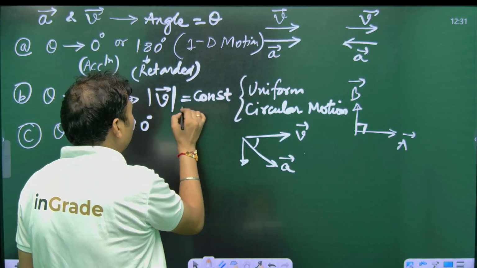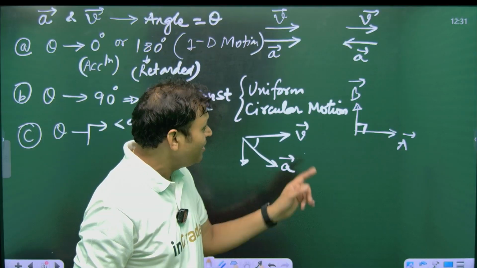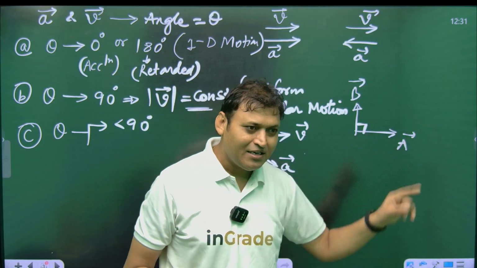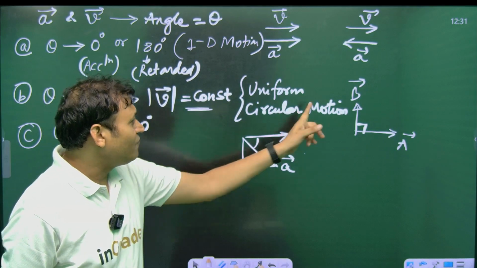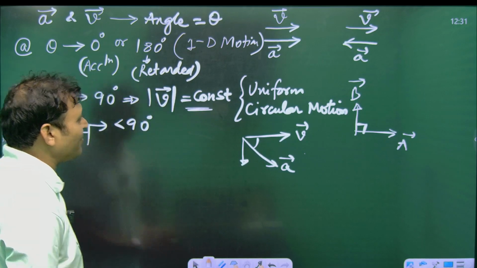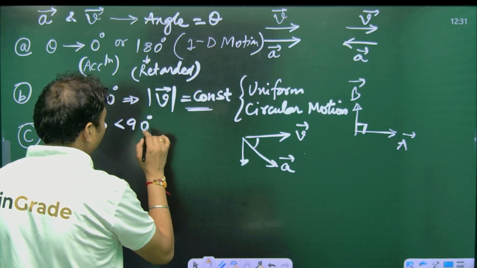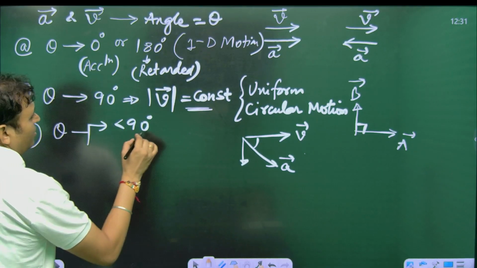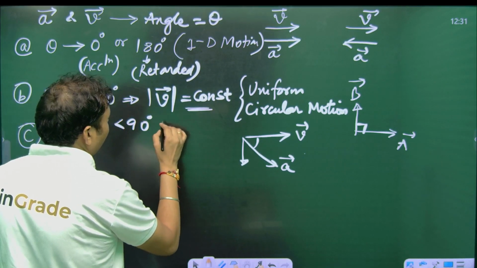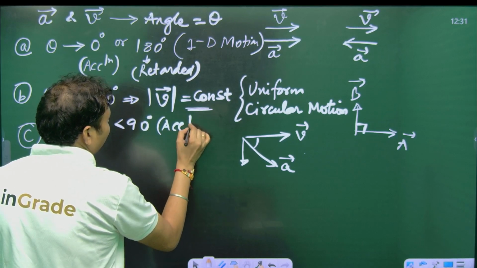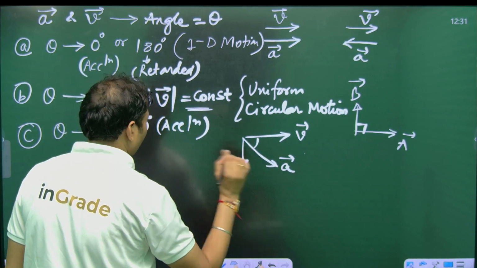Here we can say magnitude of velocity will not change by the acceleration, but yes, direction of velocity will change when the velocity and acceleration are perpendicular to each other. So this is accelerated motion along the curve.